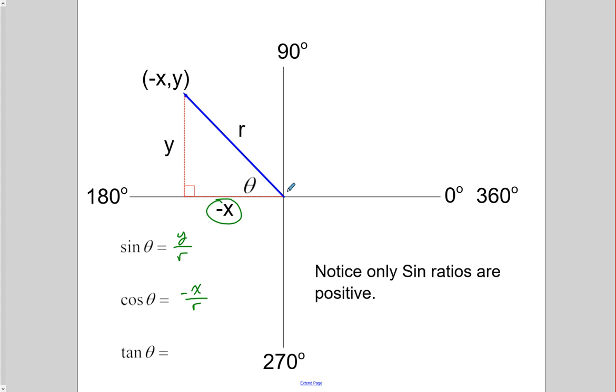And tan is opposite over adjacent, so Y over negative X. So that's also negative. So only sine ratios are positive because sine uses the Y, which is positive in this part of the graph, and our hypotenuse, which is positive.